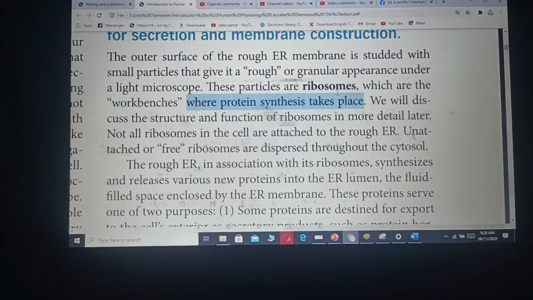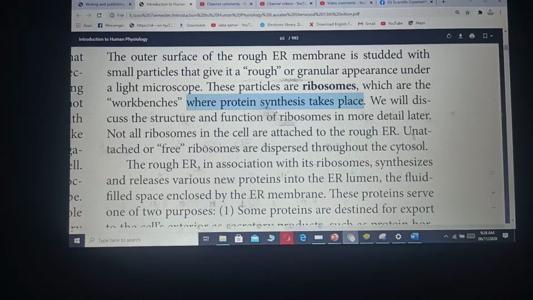The first main house of the ribosome is the cell cytoplasm, and the second major site where ribosomes are housed is the rough endoplasmic reticulum.